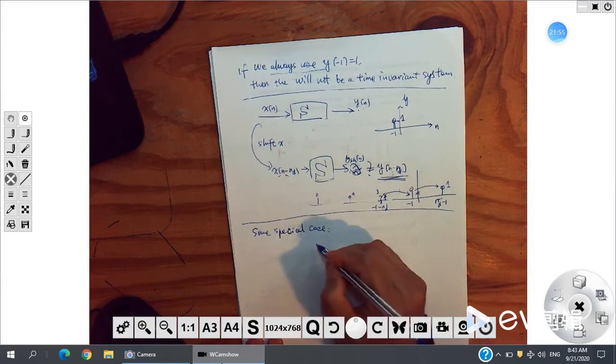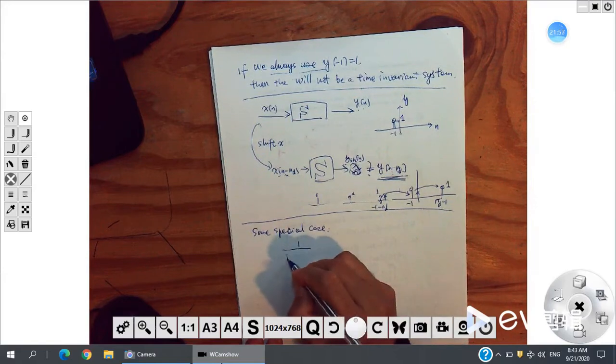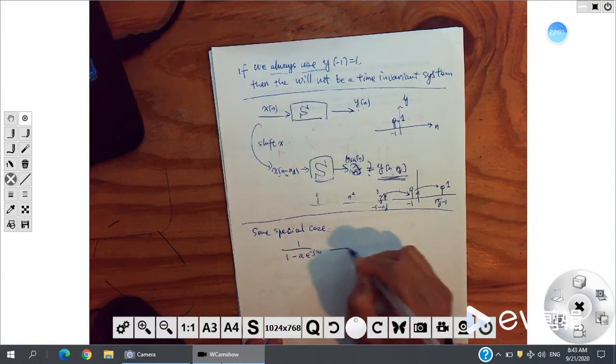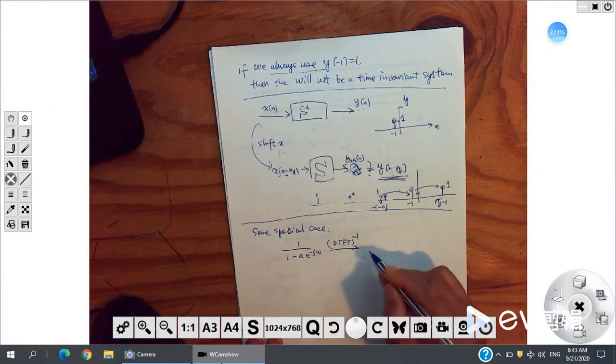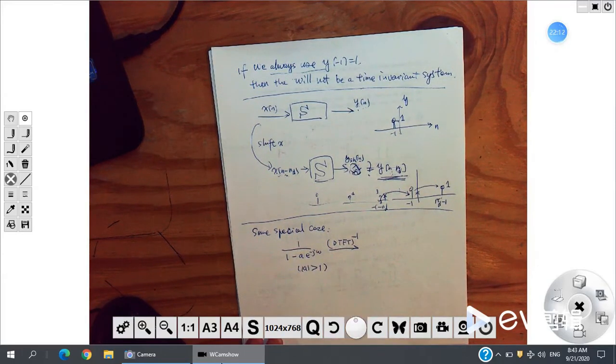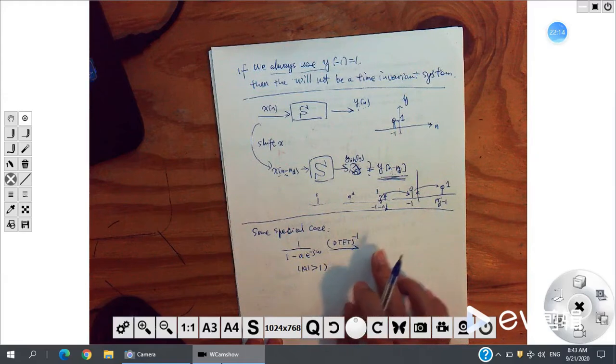Last time we say 1 over 1 minus a e to negative j omega, inverse DTFT. What is the result here? Where a is a value larger than 1. Then what will be the result here?